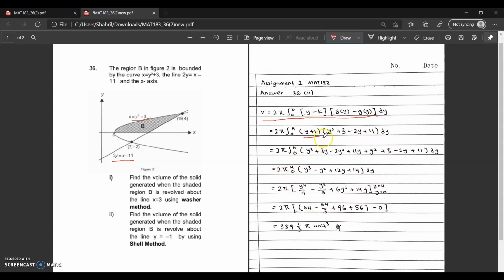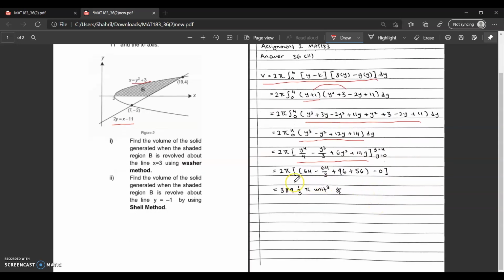So expand this. Then we get the answer after we expand this. Simplify the answer and we get y cubed minus y squared plus 12y plus 14 dy. And then we integrate the equation. We get this.